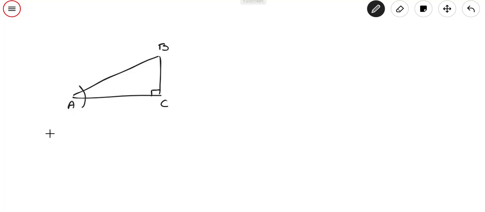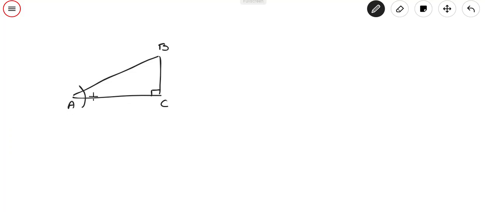There are some ratios that we call trigonometry ratios. So if I want to find the measure of the angle, there are some ratios that I can work with. I can find either the measure of the angle A that is unknown or the measure of the angle B if I know the length of the different sides.